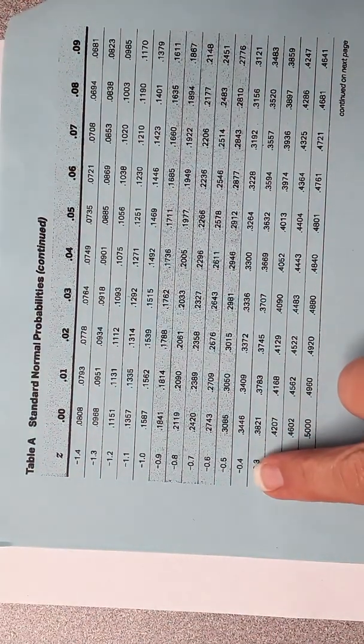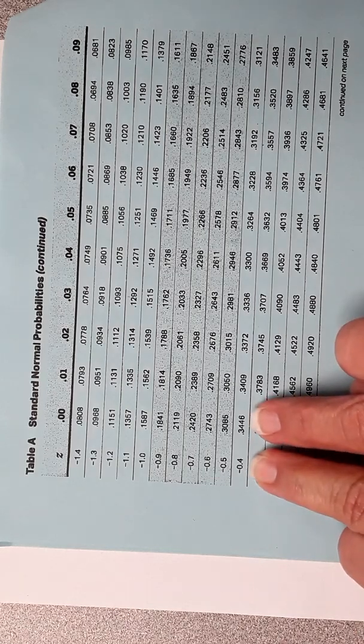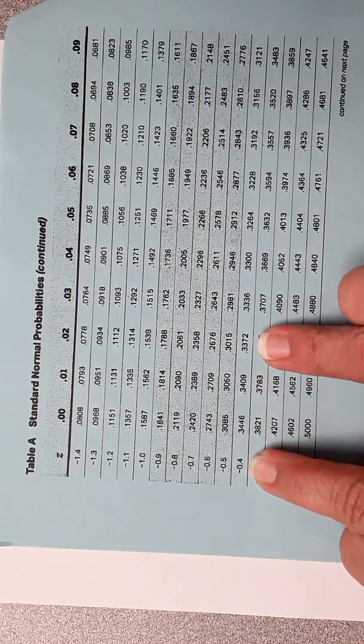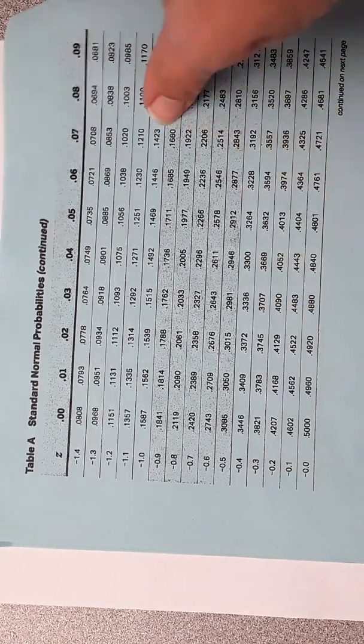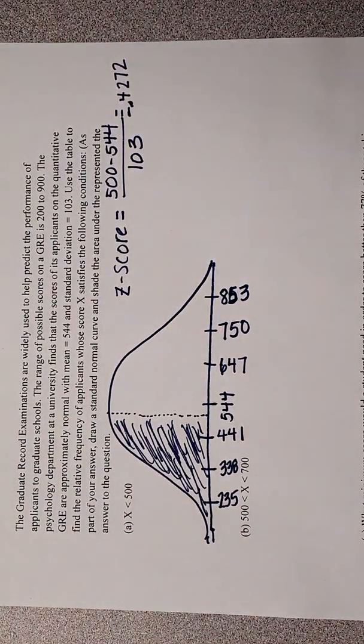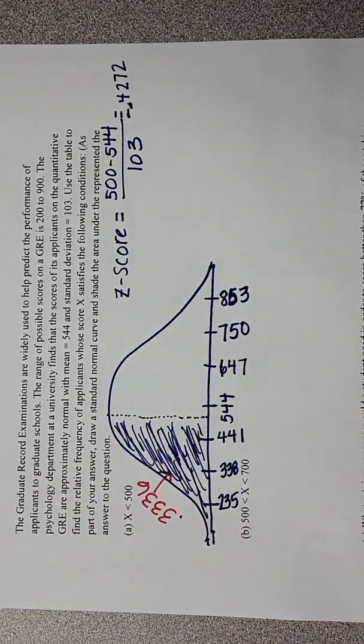So remember this is negative 0.40, 0.41, 0.42, 0.43. So this becomes 0.3336.